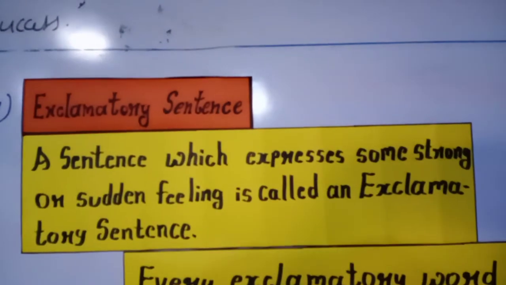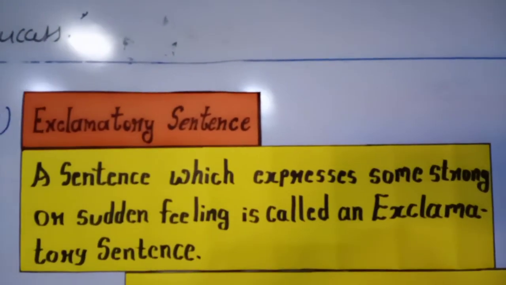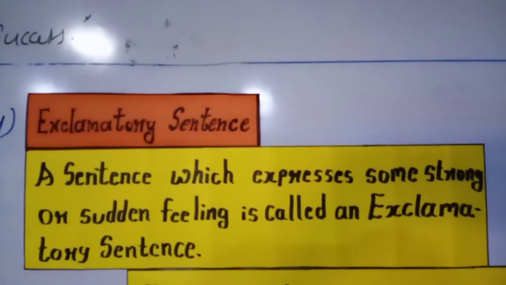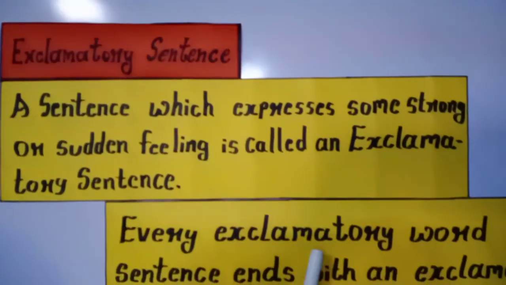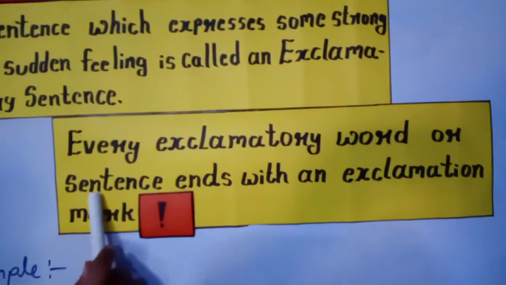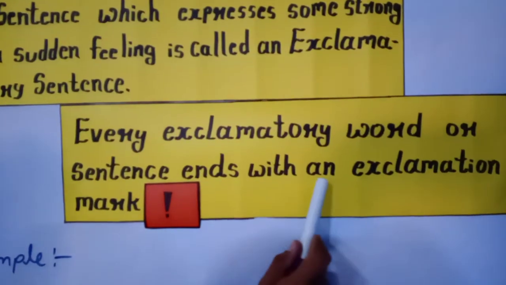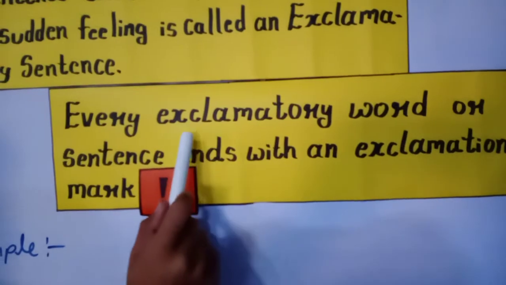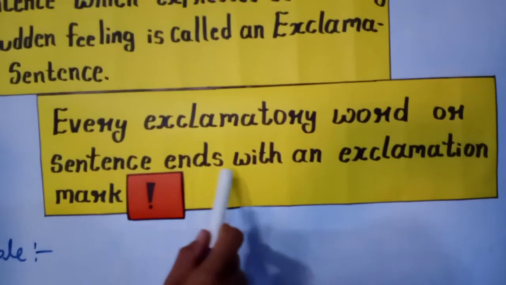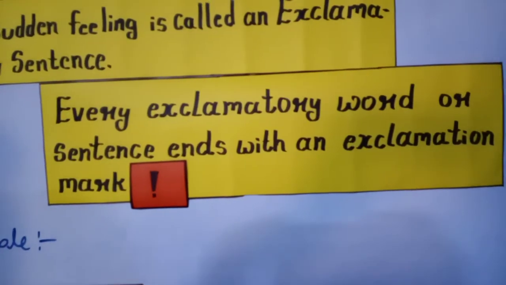Whenever we are expressing our emotions by the word, by the sentence, that is called exclamatory sentence. Every exclamatory word or sentence ends with an exclamation mark. This is an exclamation mark. Each and every exclamatory word as well as sentence ends with the exclamation mark.